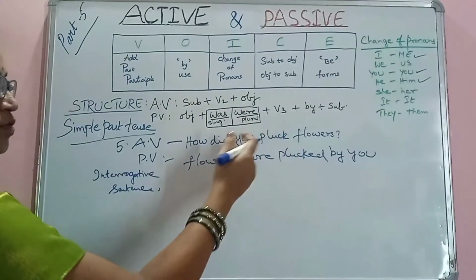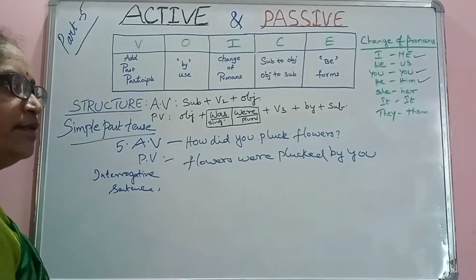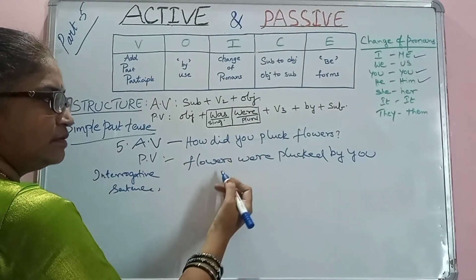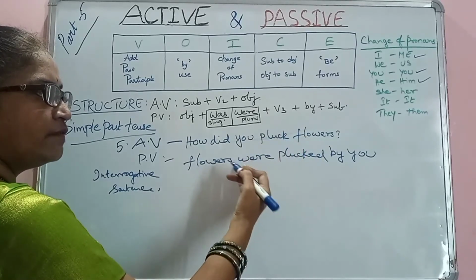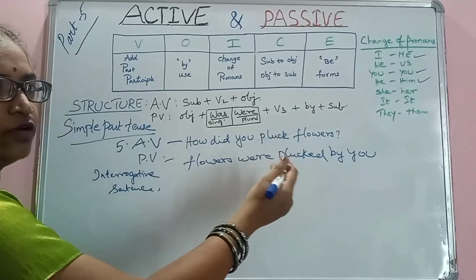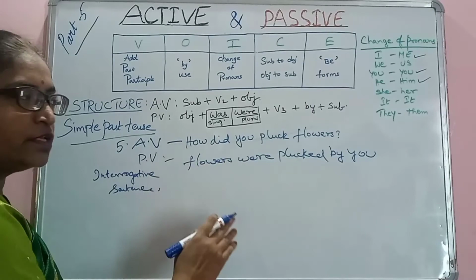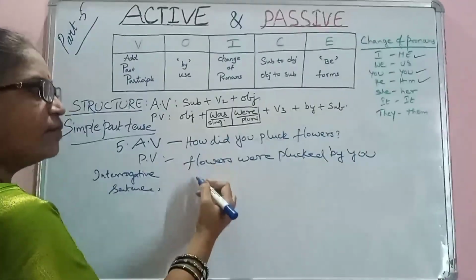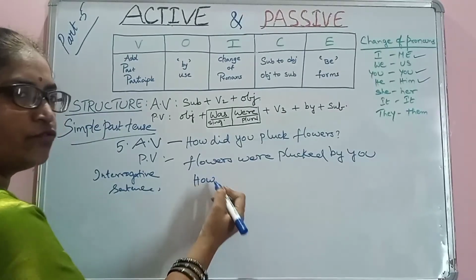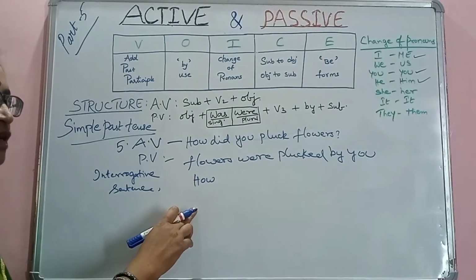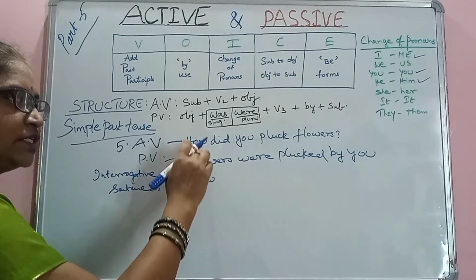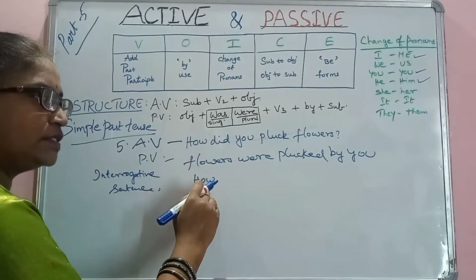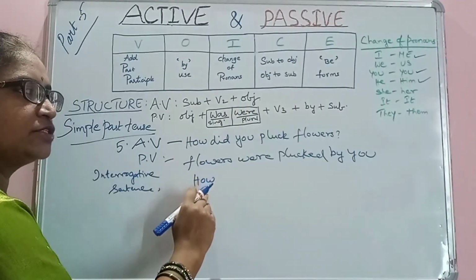From active to passive voice, only you and you will be applied here. When you have this type of sentence, first make a clear vision of what you have learned well. Then it will be easy for you to answer. Apply the same question form in the passive voice. What is given in the active voice is a question form, and how is mentioned, so apply the how as usual.